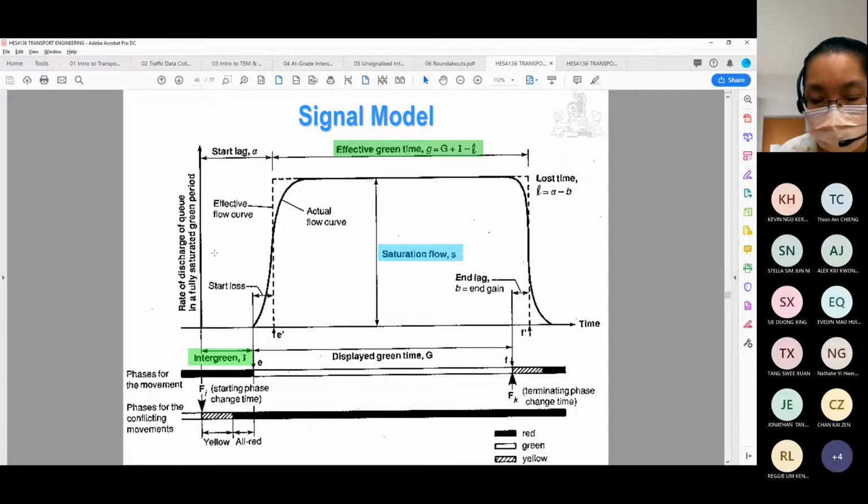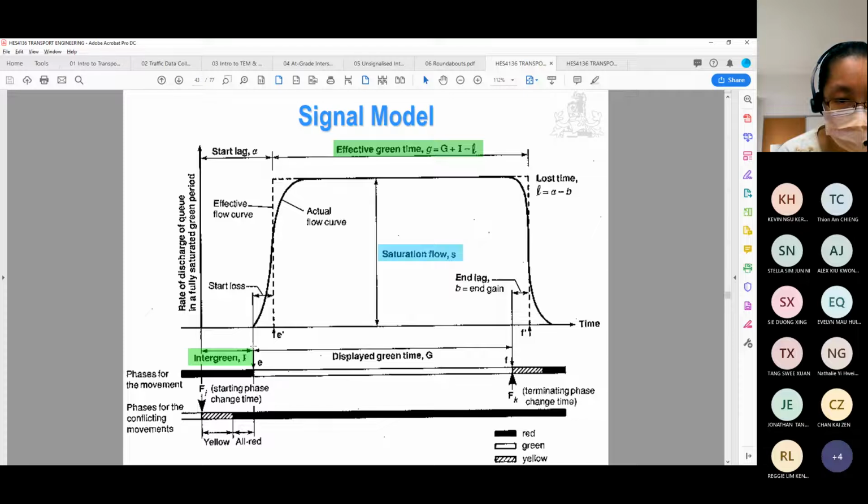Okay, then we have the signal model, because the analysis is based on this signal model. What we see in the signal model is that at this stage, this is intergreen.